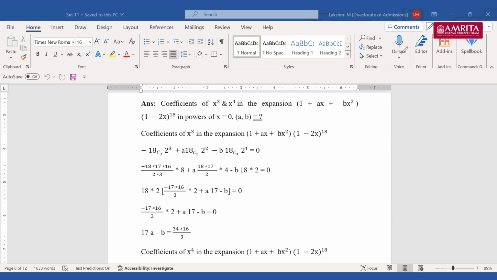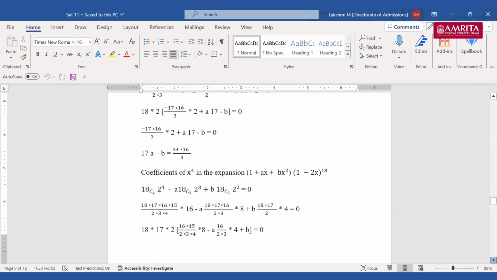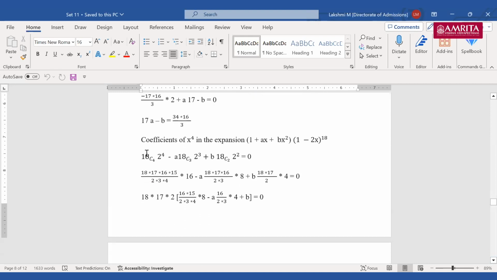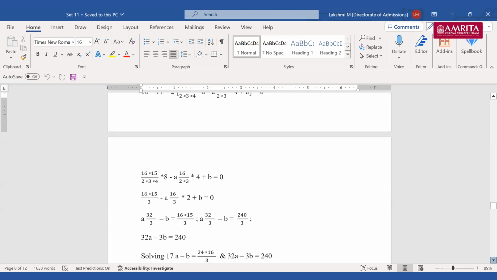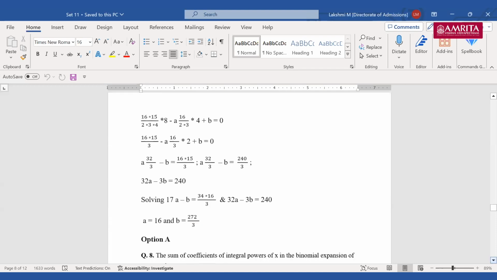The same you can apply for x raised to 4 also. If you have expanded it, it would have been easy. So when it comes to 18C4 2 raised to 4, 18C3 2 cube and b into 18C2 2 square. If you have these two equations, you can solve for the unknowns and you'll get the answer.